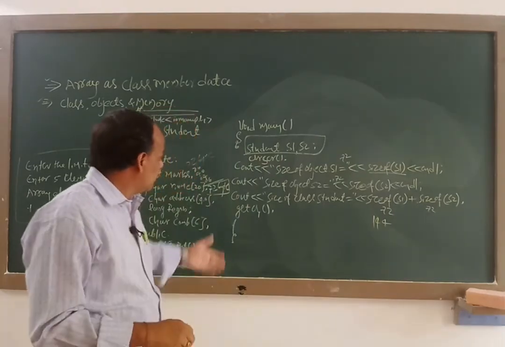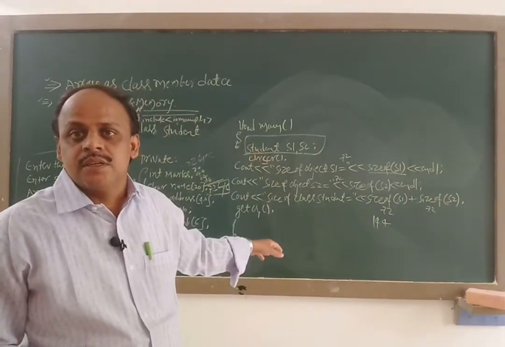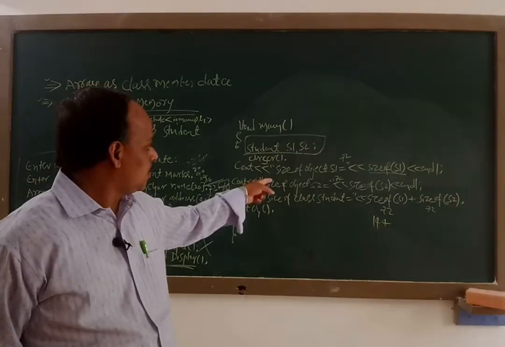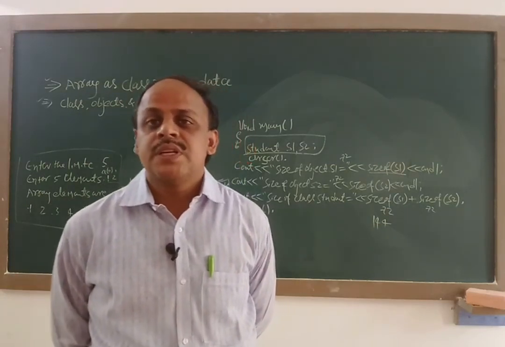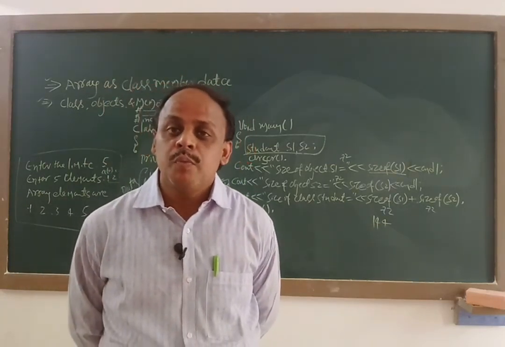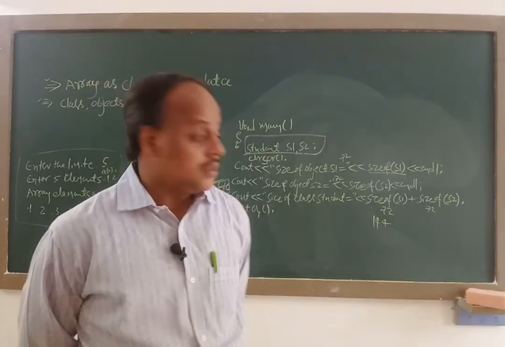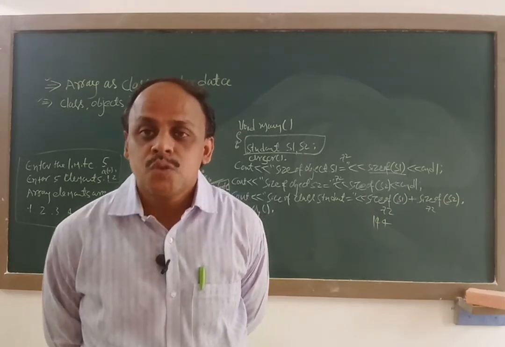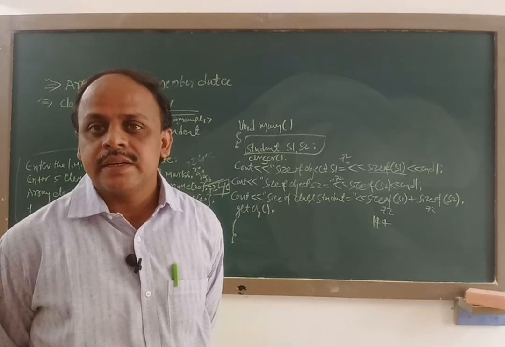When you write this program and execute it, you finally get the result: size of object S1 is equal to 72 bytes, size of object S2 is equal to 72 bytes, and size of class student is equal to 144 bytes.